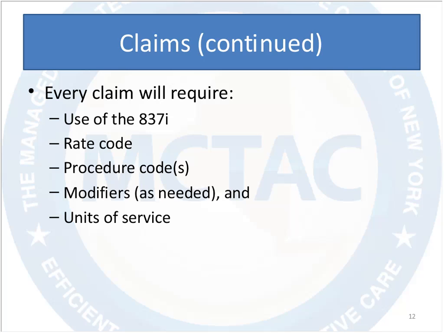If you are going to start billing home and community-based services for the first time, or you're going to include those services along with other services that you're billing, you'll really need to go in and take a look at the documentation and the regulations around those services, including what a unit of service count will be that you'll need to put on your claim forms.